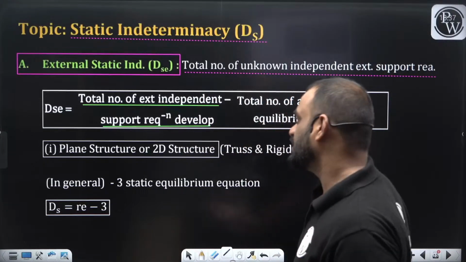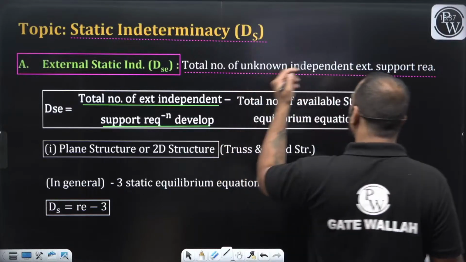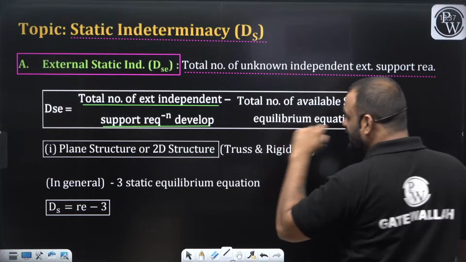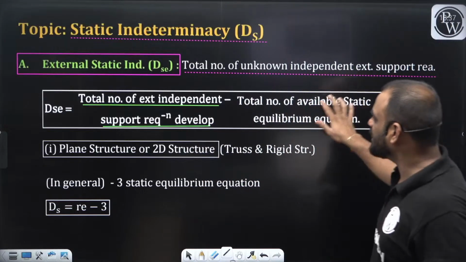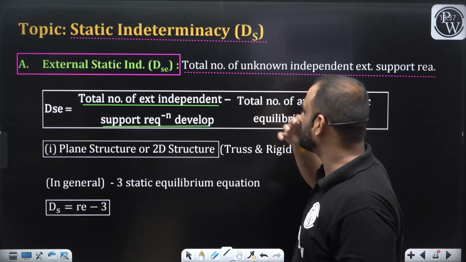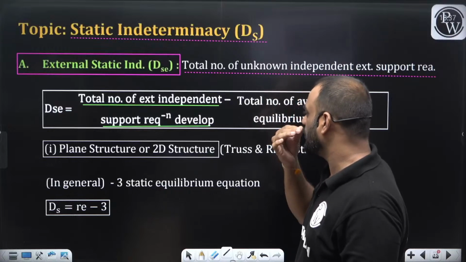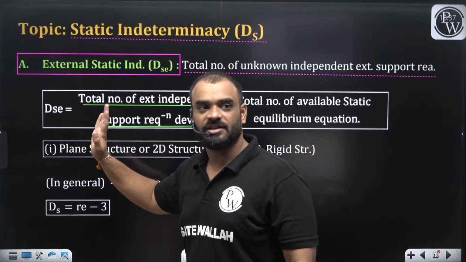Now guys, we need to understand what do you mean by unknown, what do you mean by independent, what do you mean by external support reaction, what do you mean by develop, what do you mean by available. If we understand these small words written in this statement, we are able to understand this definition in detail.